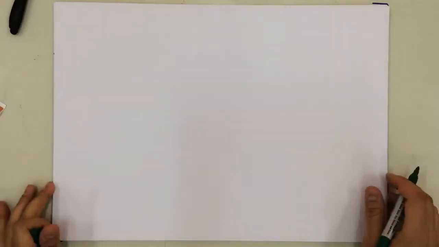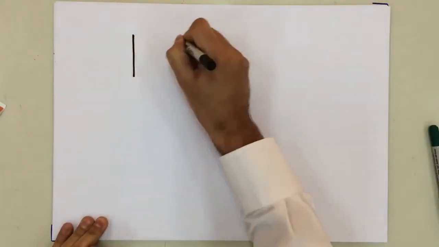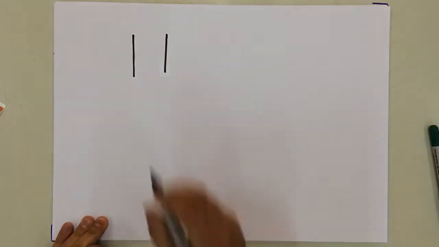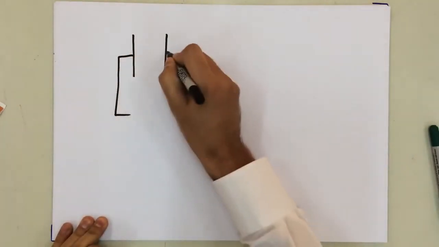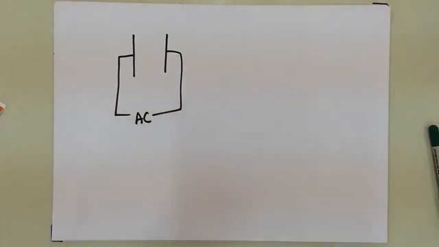Now let's talk about, there is an information in our book, displacement current. What is that? We will consider a capacitor. This is capacitor. And this capacitor is connected to AC source.